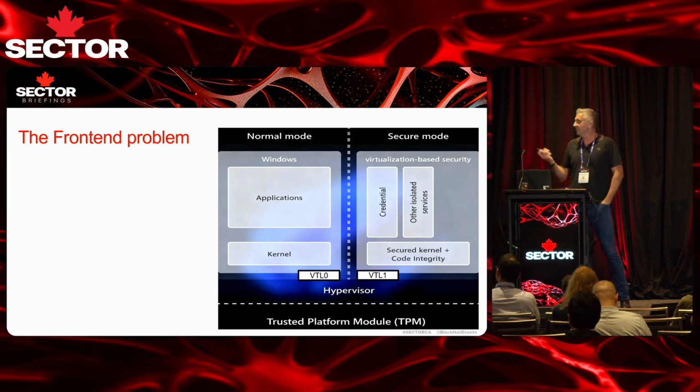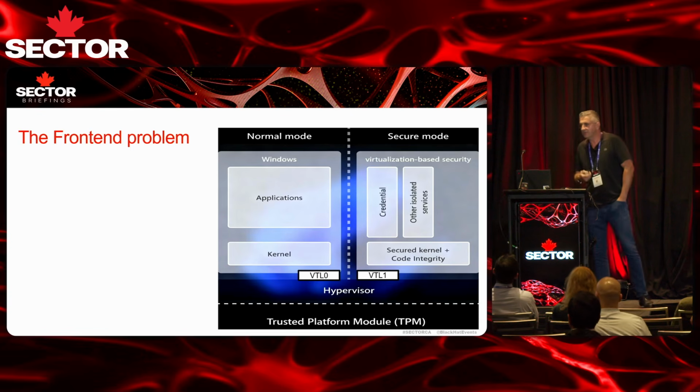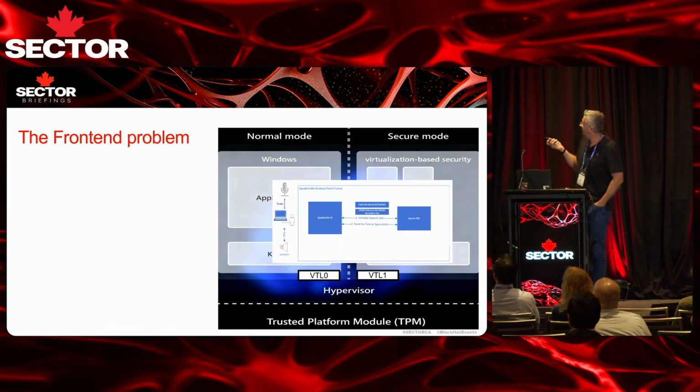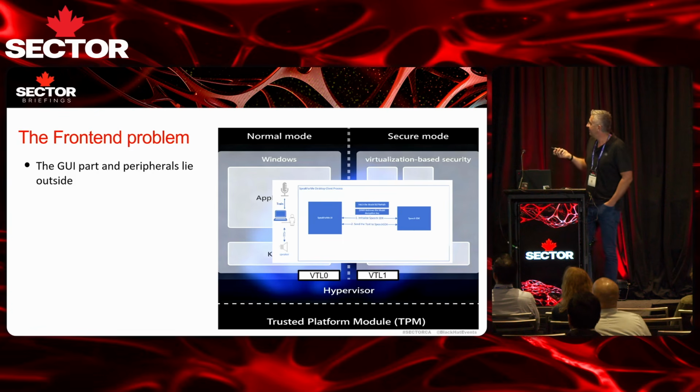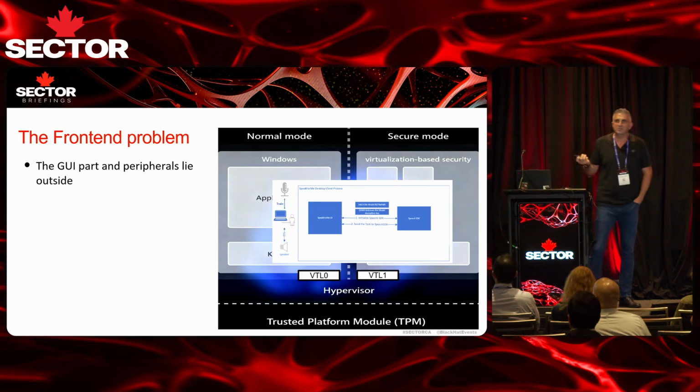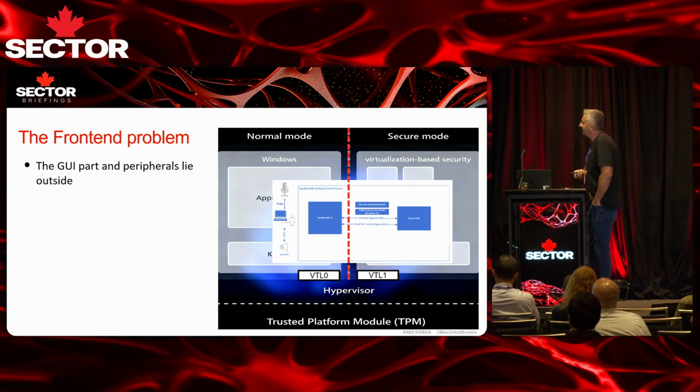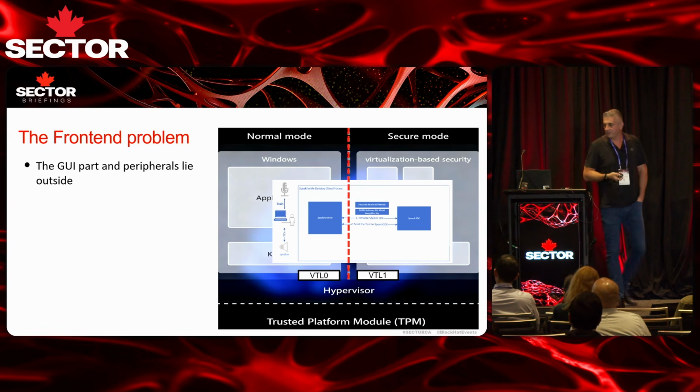All the diagrams I showed on the couple of previous slides were intentionally misleading. I placed this diagram entirely inside the secure mode, while in practice there is a front-end side of this whole application which lies outside, and the front-end side is the graphical user interface and the peripherals that are used to record and to play the voice.